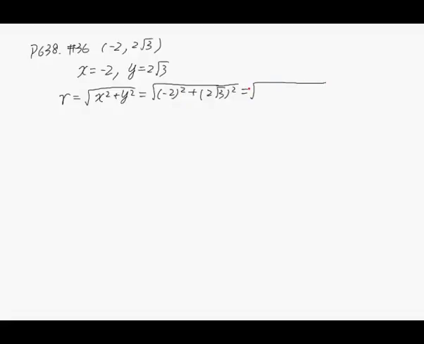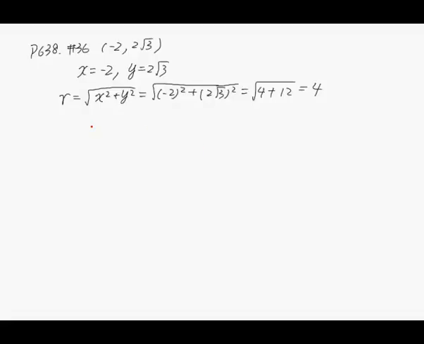The first term is equal to 4. Second term, square of 2, 4, and square of root of 3, 3. 3 times 4, you have 12. So you have the square root of 16. So that is equal to 4. All right, so now we find r.